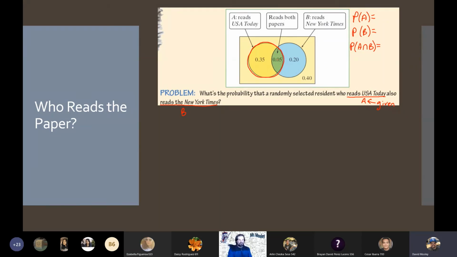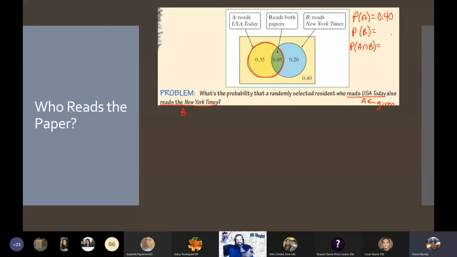But these 0.05, these people read USA Today, so they're part of that probability. So the probability that someone reads USA Today is 0.40. Thank you for your guess, Yusuf.